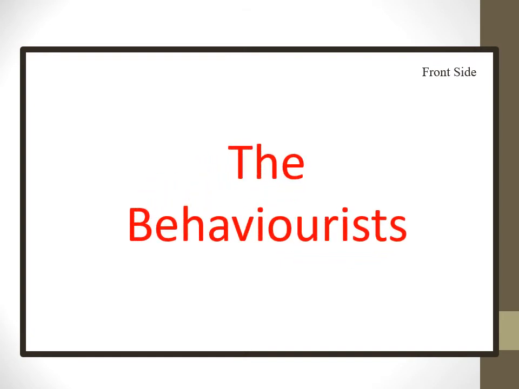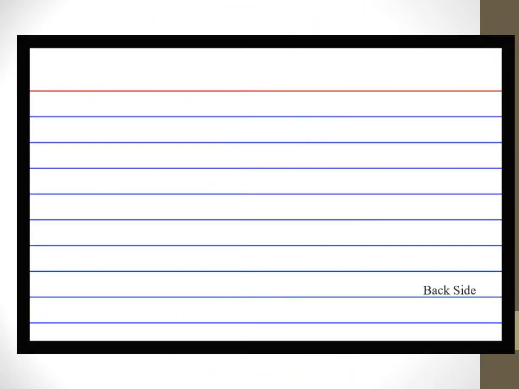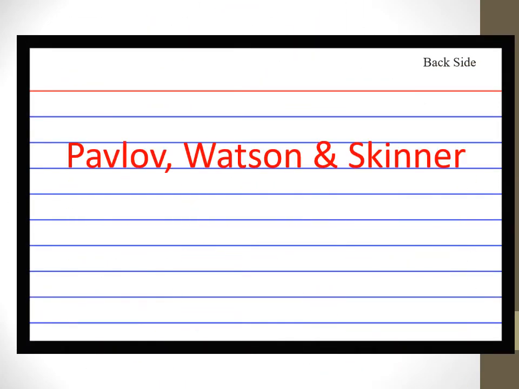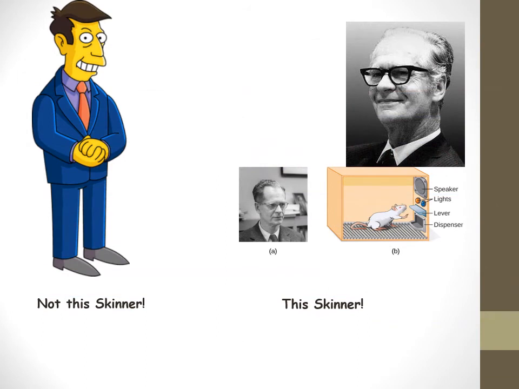Next index card on the front side, we are looking for the behaviorists. On the back side, we're going to write the behaviorists, who are Pavlov, Watson, and Skinner. Just a reminder, it's not the Skinner from The Simpsons, but it's the rat experiment Skinner.